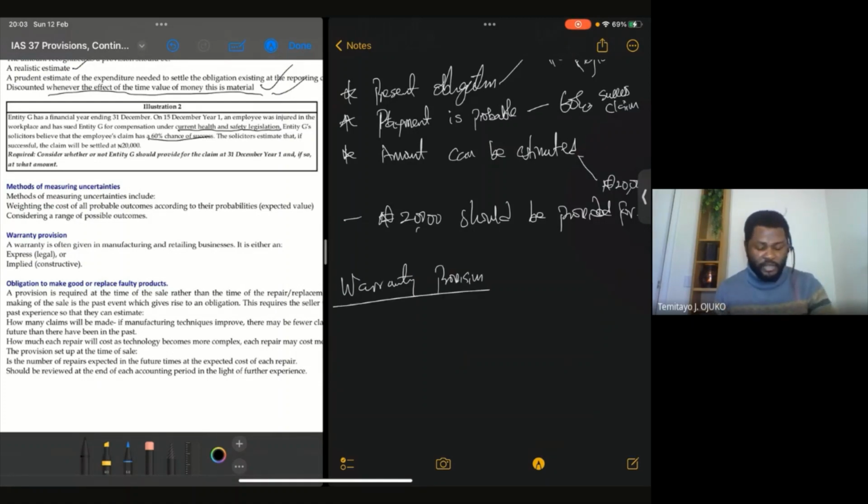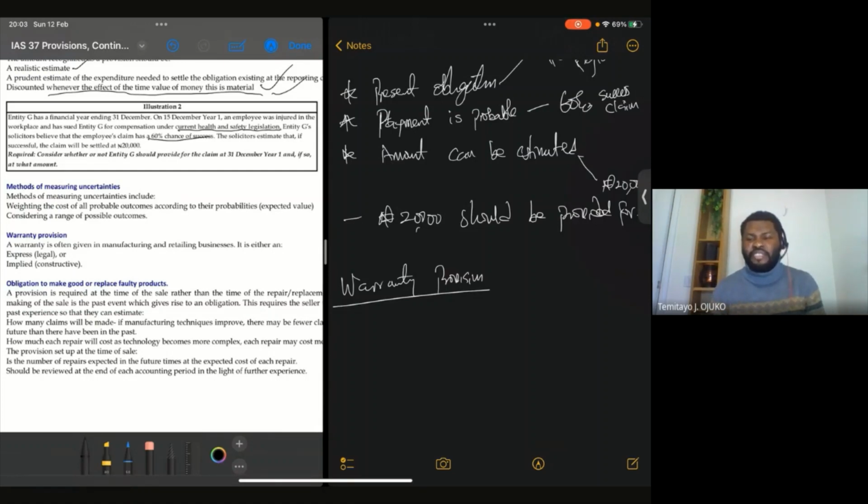Now, what is this warranty provision? Many of us do buy phones, right? And when we buy a phone, there's always a warranty that comes along with our phone, or probably an electronic item in our house.